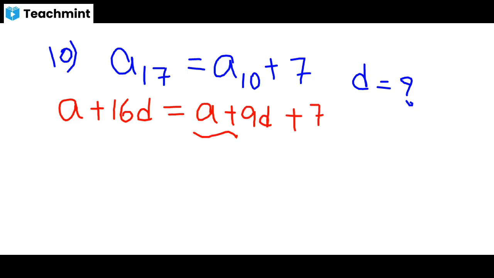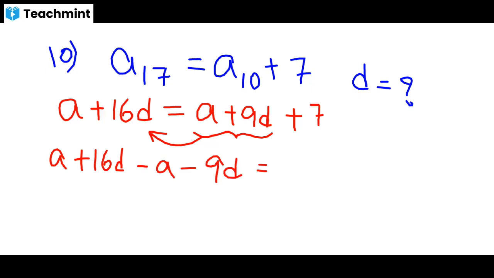Now we'll shift this total from the RHS to the LHS. So what do you get? A plus 15D minus A minus 9D is equal to 7. Can you cancel anything in this? Try to check.